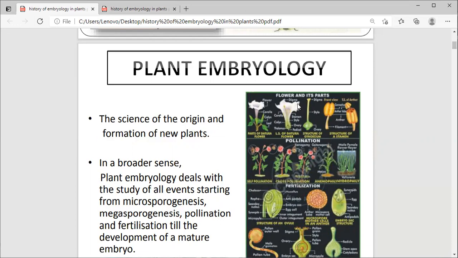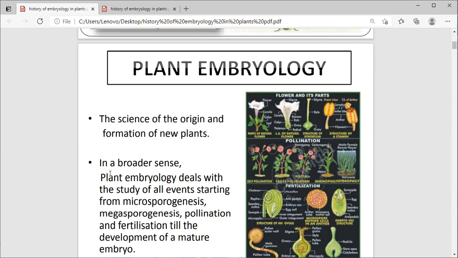So we want to study what is the actual structure of the ovary, what is the actual structure of the anther. Through this science we get this study, which we call plant embryology.